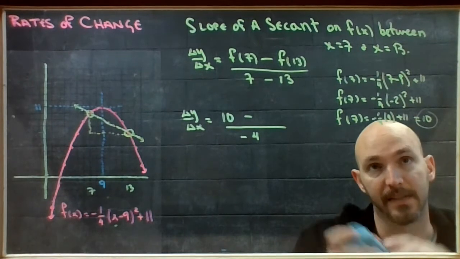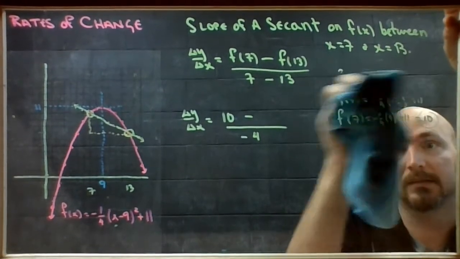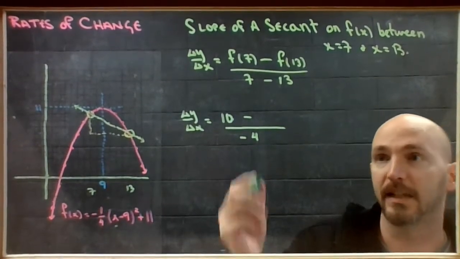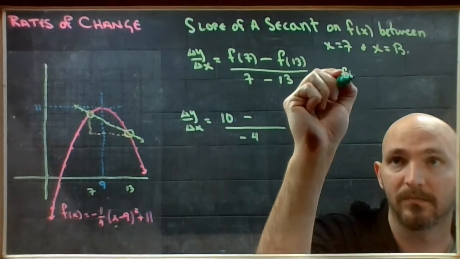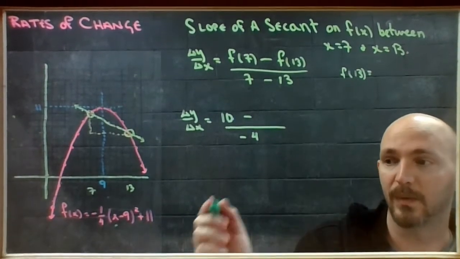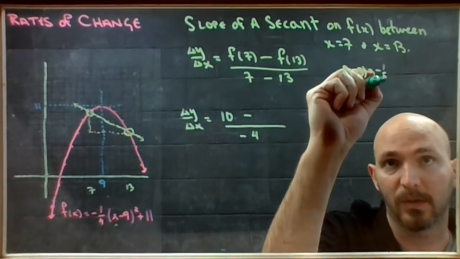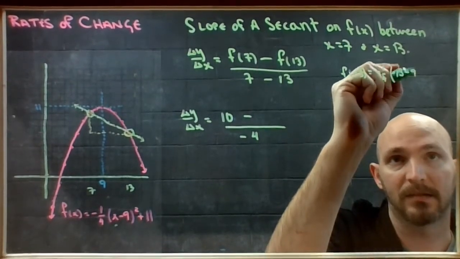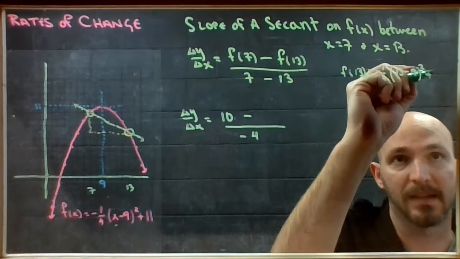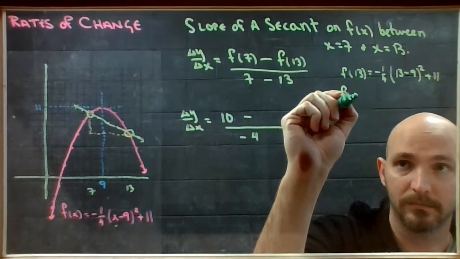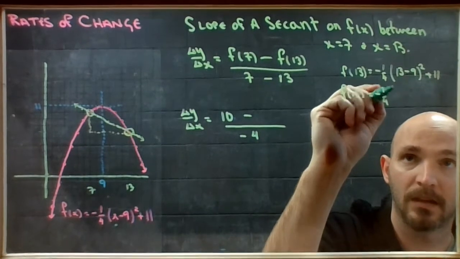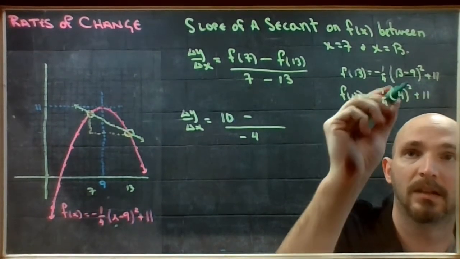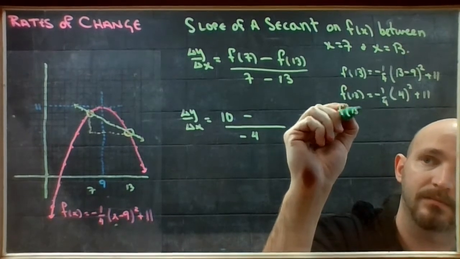I'm just going to erase this then. And I need to get the function at 13. So that would be -1/4 of (13 minus 9) squared plus 11. 13 minus 9 is 4. 4 squared is 16.